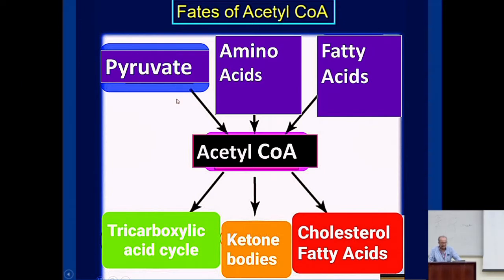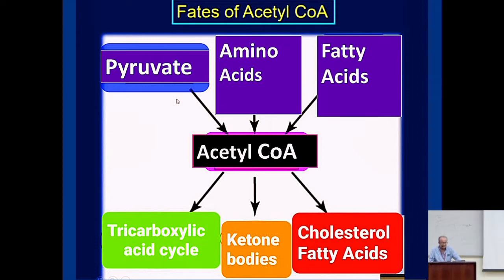There's a catabolic fate, which means you further oxidize the two carbons. Acetyl has two carbons. CoA is the coenzyme. So these two carbons can be oxidized all the way to CO2.